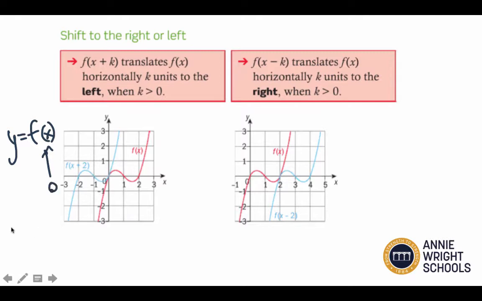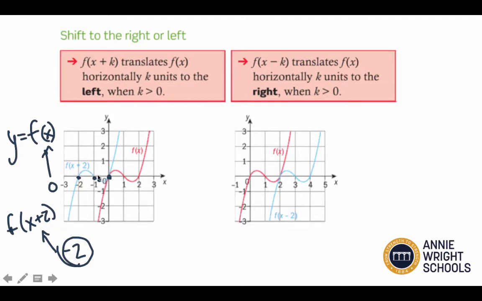I plug in 0. But if I have y equals f of x plus 2, how do I get a 0 inside here? I plug in a negative 2. The negative 2 is acting like 0, so it's actually moved backwards 2. This positive 2 is actually now where 2 is. This positive 1 is where negative 1 is. The values have been shifted backwards by 2 because I've added 2 to everything.